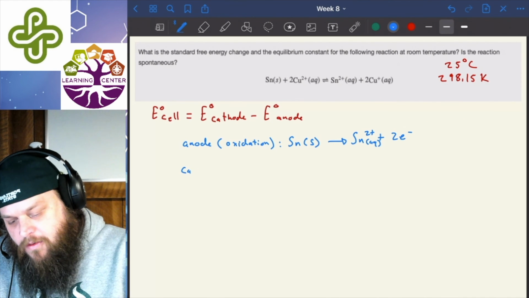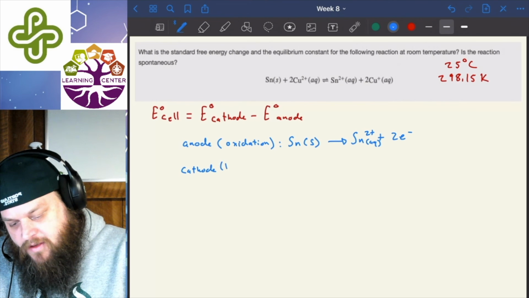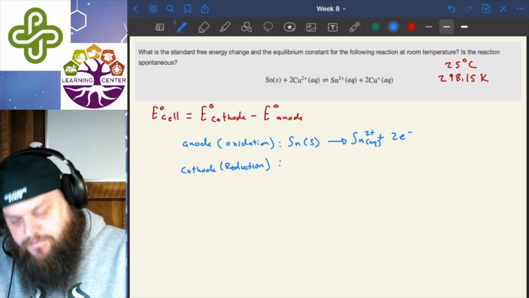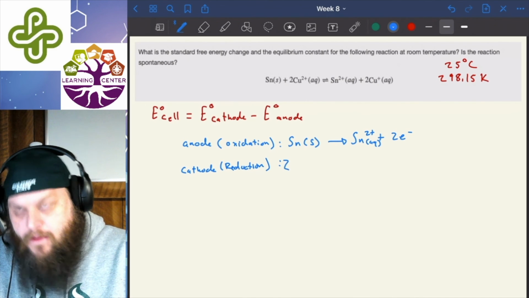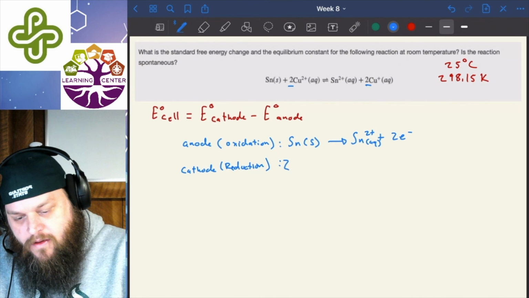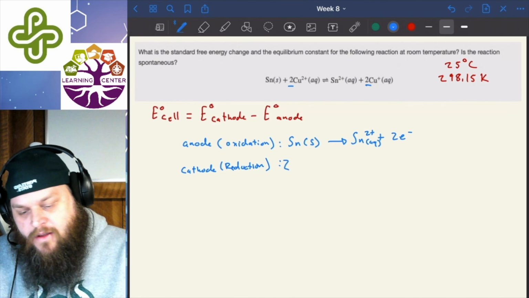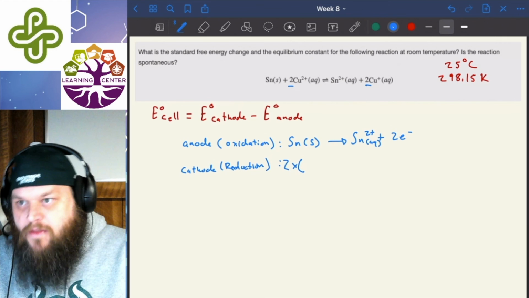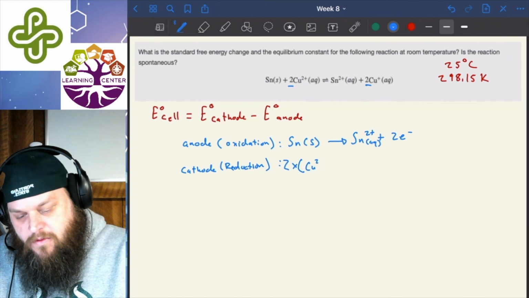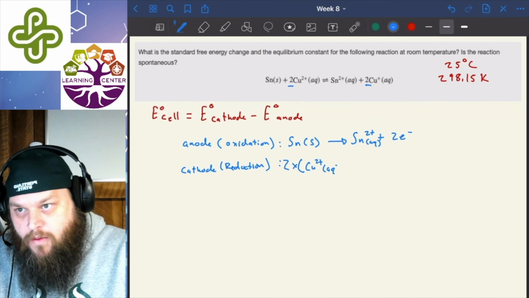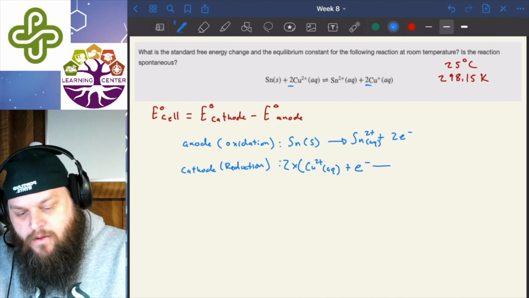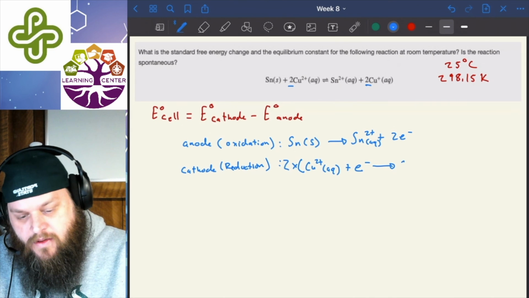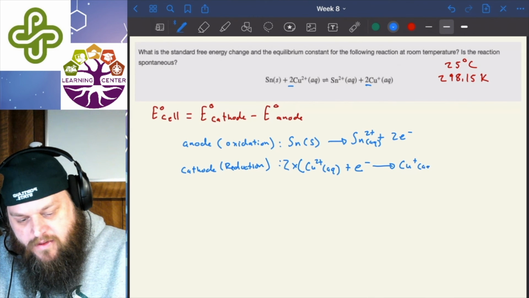The cathode, this is our reduction. Notice there's a 2 in front of these guys, so I'm going to say 2 times this whole reaction: Cu2+ aqueous plus 1 electron produces Cu+ aqueous.